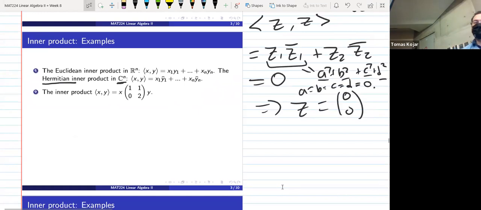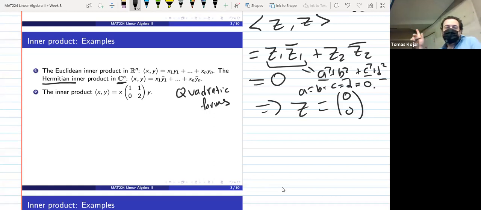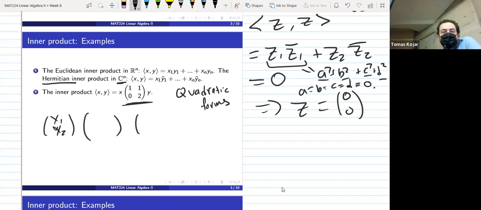Another big application of this is called quadratic forms. I know them from probability, and from optimization actually. So stuff like this are also inner products, meaning you can put any matrix you like. So you have x1, x2, some matrix A, and then y1, y2 transpose.